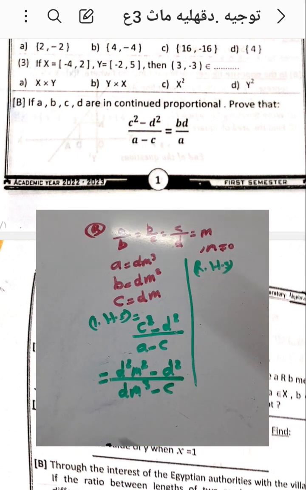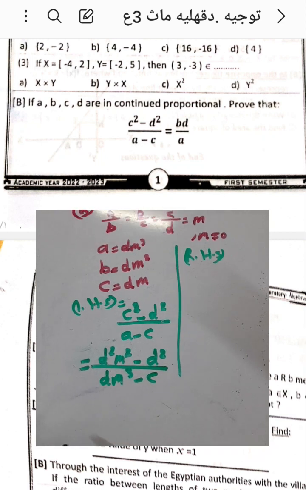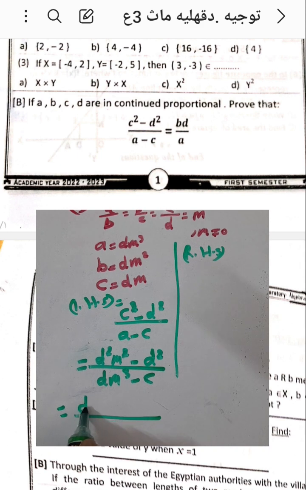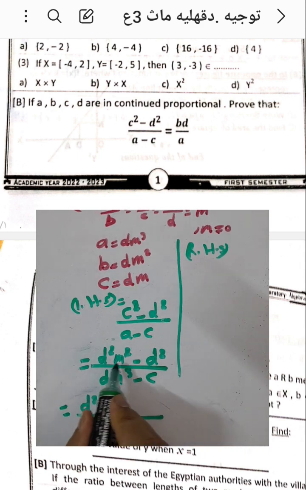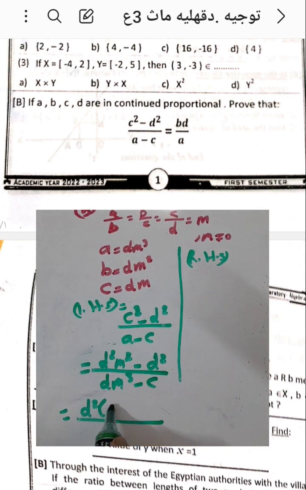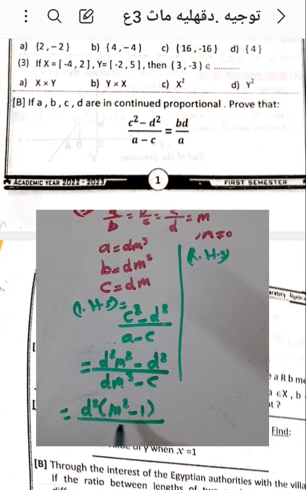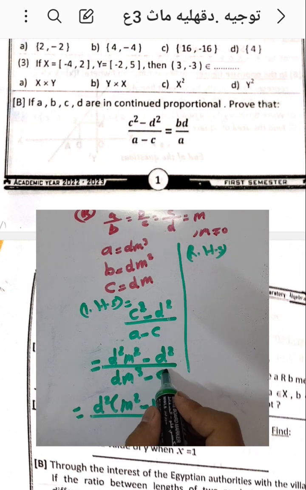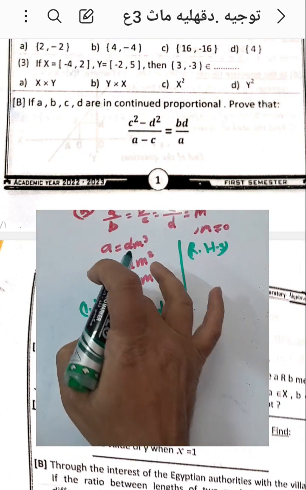And then between two terms we have a common factor, d power 2 on top because d power 2 is repeating, and then write m power 2 minus 1, and in the denominator we write c equal d m.